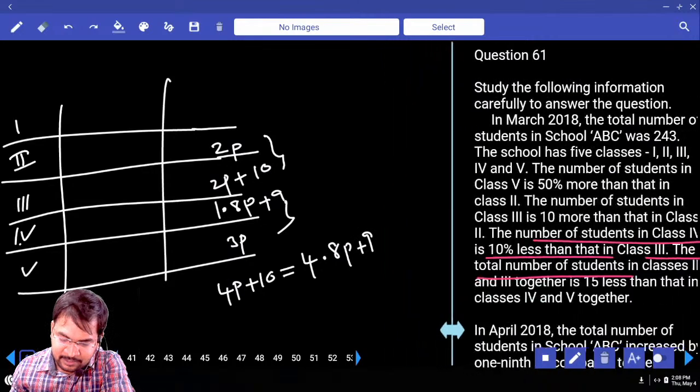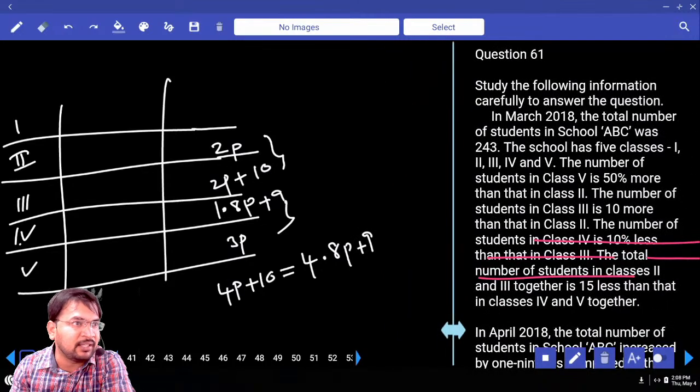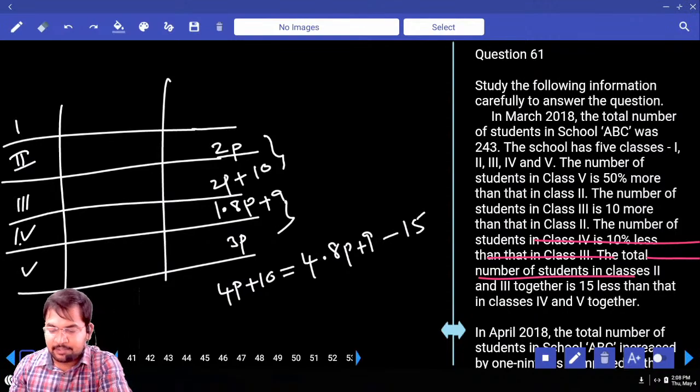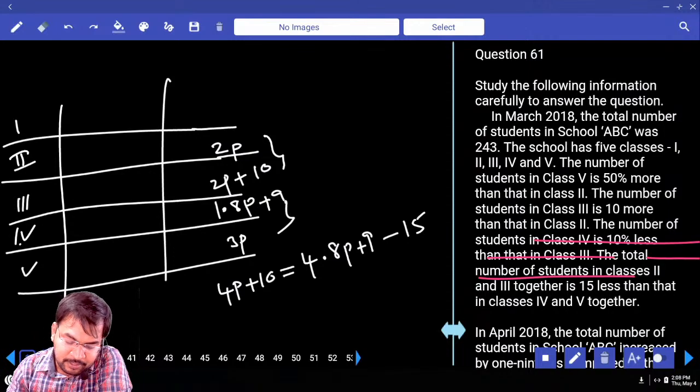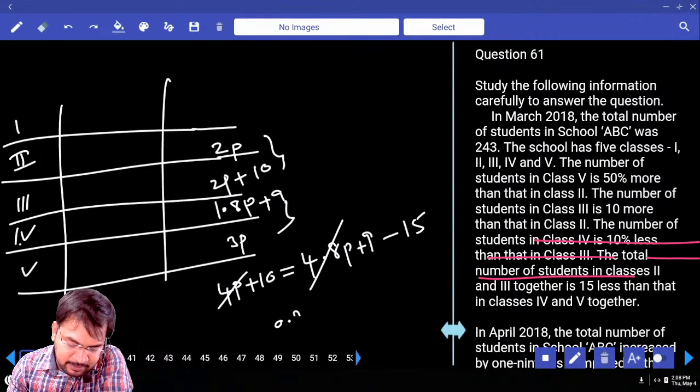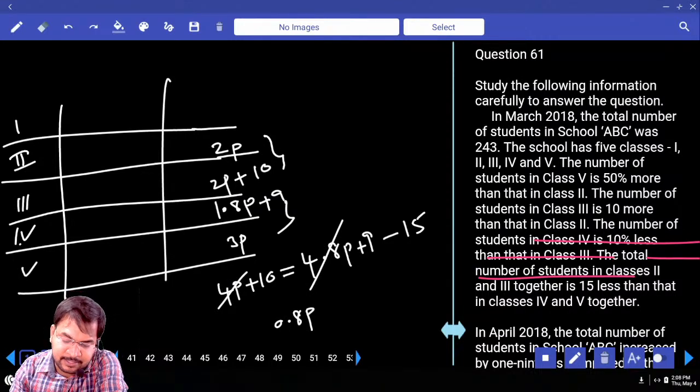This is 15 less than this value. Now the difference is how much? 4 parts of 4.8 parts is how much? 0.8 parts, 0.8 parts.